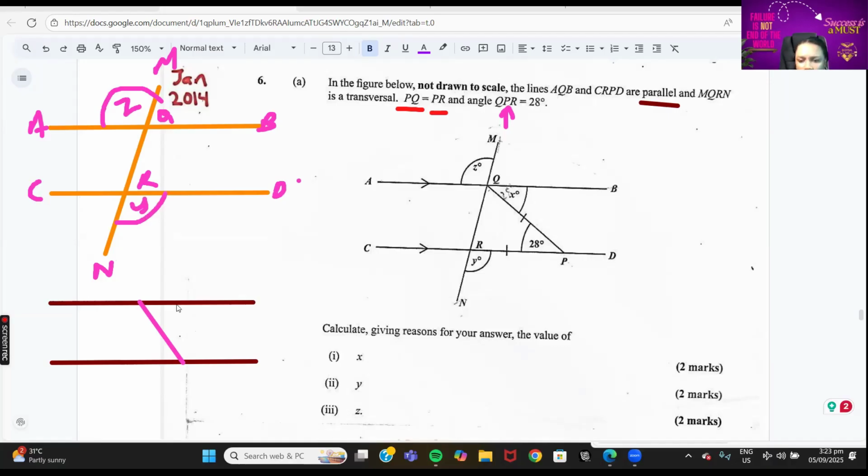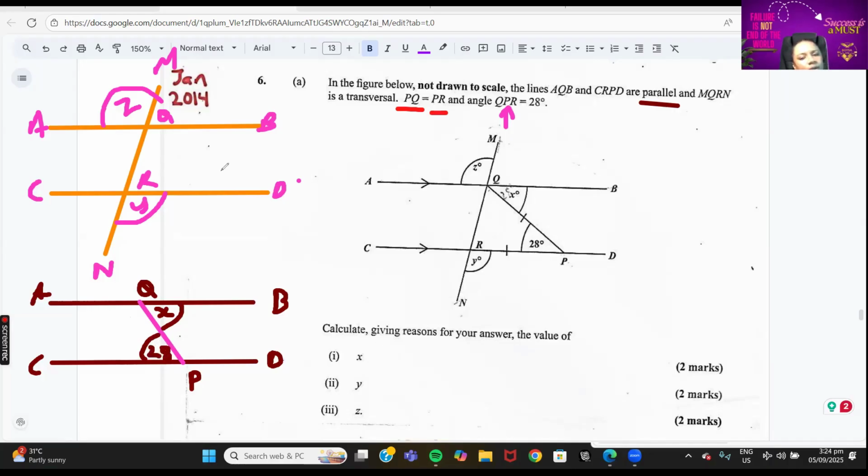Okay, and then with the other one, we have A, B, C, D. We have Q over here and P. Also, we have X here. We have 28 over here. I think that's about it.